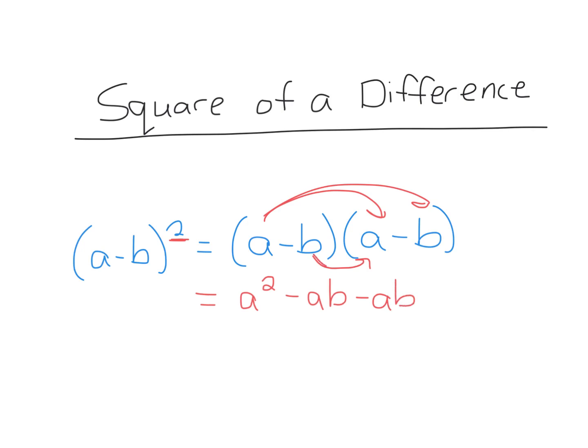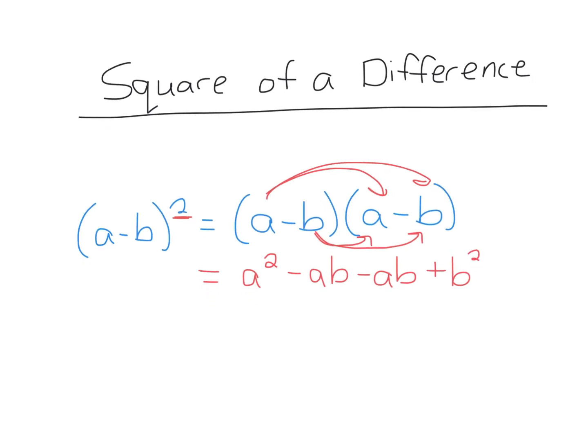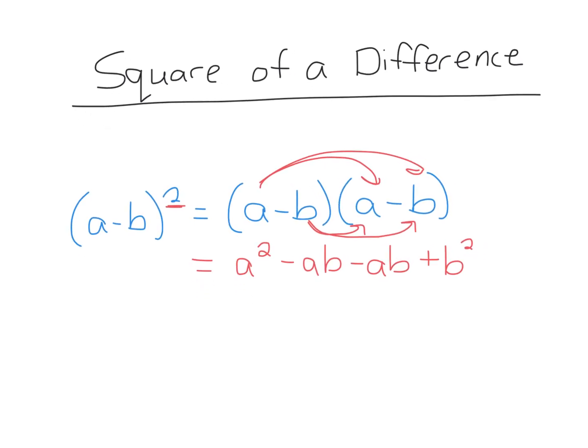Negative AB, and then we have negative b times negative b. Yep. And then what's the one thing I can combine? Negative AB, so we get a squared minus 2ab, good. And then we get plus b squared. So again, nothing changed except that subtraction sign. You got to watch out for negatives.